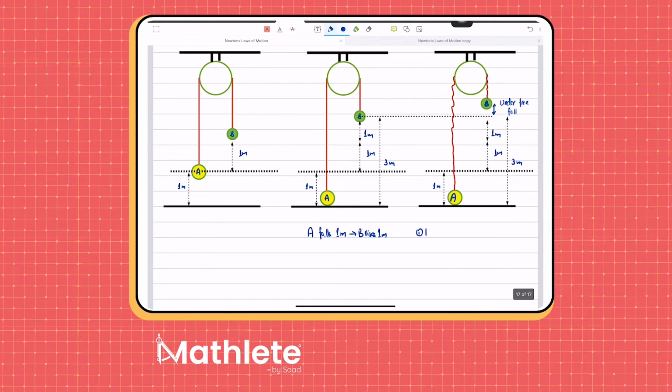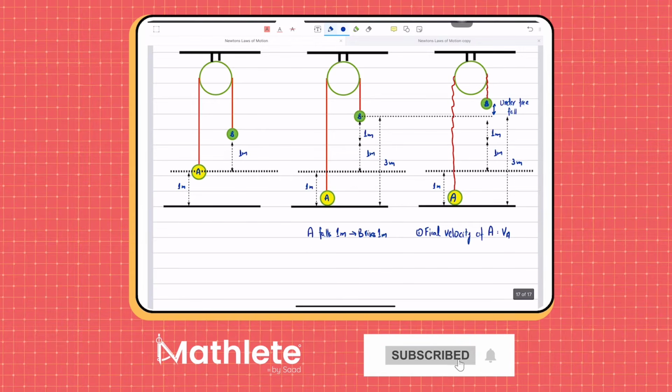So, first of all, the final velocity of A, let's call it VA, in the sense that just before it hits the ground, not after it hits the ground, because we know after it hits the ground it's going to be 0, but the final velocity just before it hits the ground, which is VA.